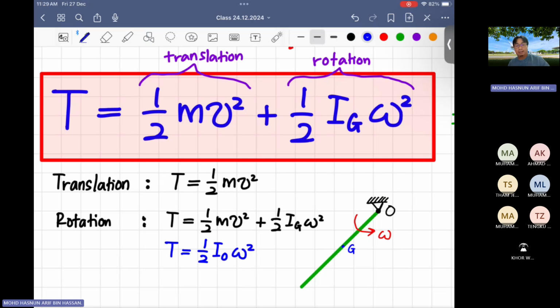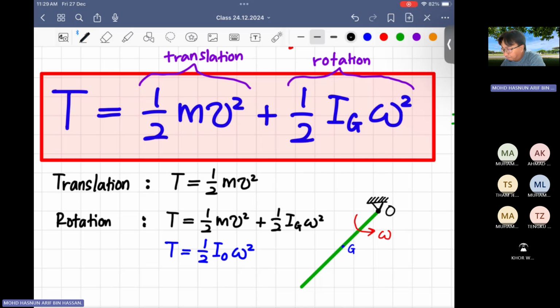So you don't have to calculate 1 over 2 mv square plus 1 over 2 Ig omega square. Instead, you calculate Io. How do you get the value of Io? By using the parallel axis theorem. So you can use the simpler equation, which is 1 over 2 Io omega square.